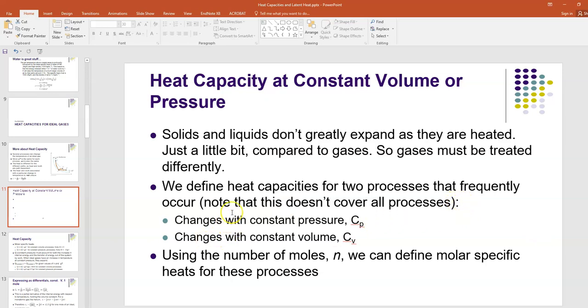So we can talk about constant pressure processes, and we'll call those C sub P for heat capacity at constant pressure, or we can talk about constant volume heat capacities, so that's C sub V for capacity at constant volume. Now we can also use the number of moles N and define molar specific heats for those processes. And so now I'm going to take you through the mathematics of what's going on with that, okay?